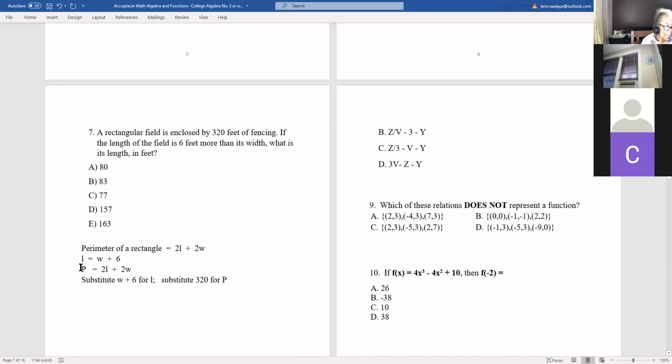Copy it over and do just what I said there. Substitute 320 for P. So you're going to put 320 right here, 320. And for the L, you're going to put W plus 6. So this will be W plus 6.